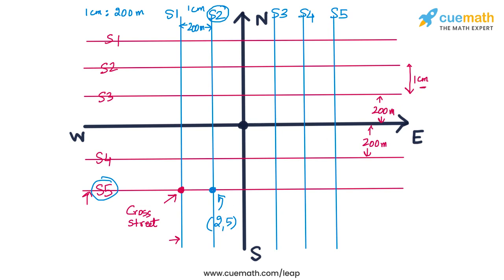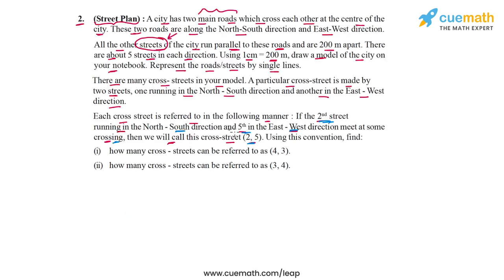Okay, and now the problem says using this convention find how many cross streets can be referred to as 4, 3. So what would 4, 3 mean by our convention? It would mean the fourth street in the north-south direction intersecting with the third street in the east-west direction.